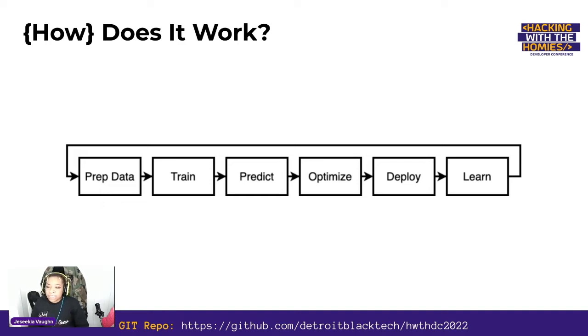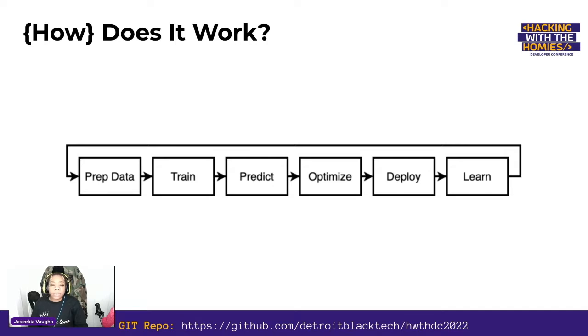Preparing our data usually means compiling the data and getting it into some type of consistent formatting. It also means cleaning up our data. When it comes to cleaning up your data, think about a table of data, maybe a Google sheet that contains a lot of different rows.